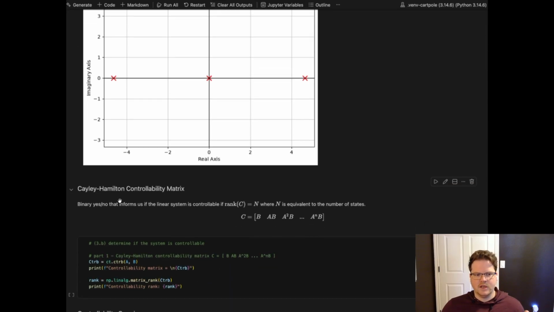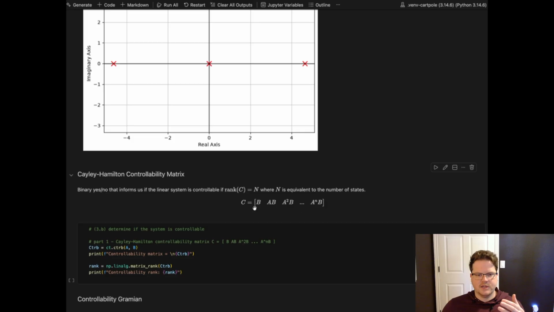So the first method is we can look at Cayley-Hamilton's controllability matrix here. So this is just a simple yes or no binary answer to the question, is the rank of C equal to N?